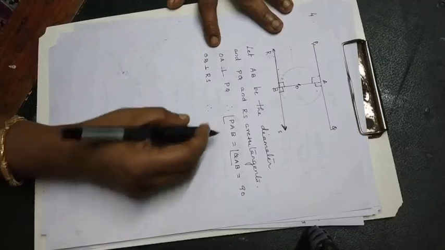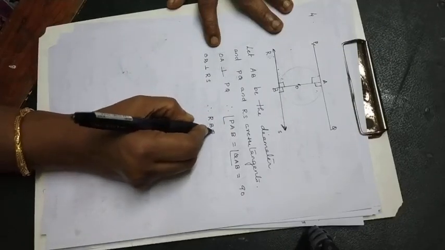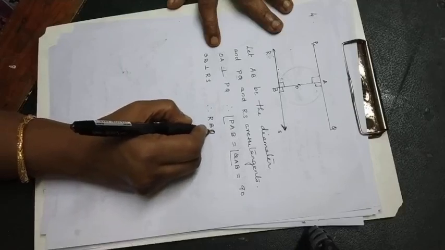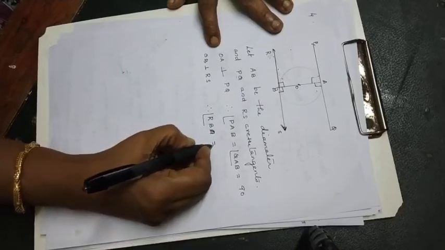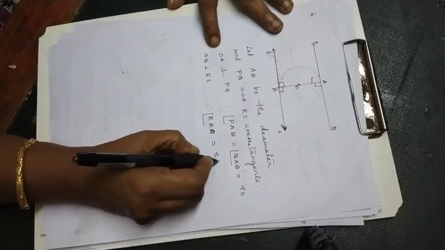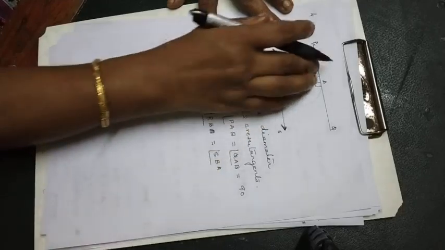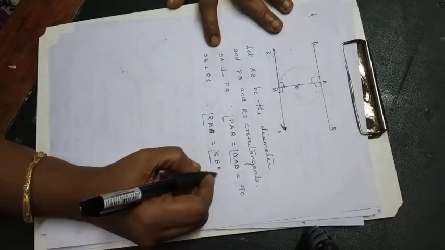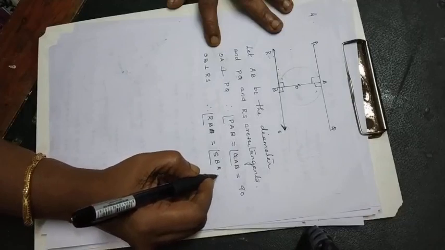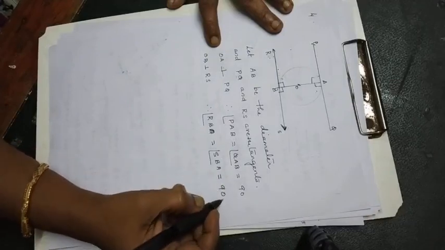Therefore RBO or RBA you can write is equal to SBA or SBQ you can take, that is equal to 90 degree.